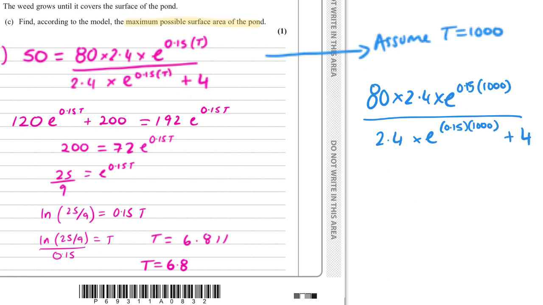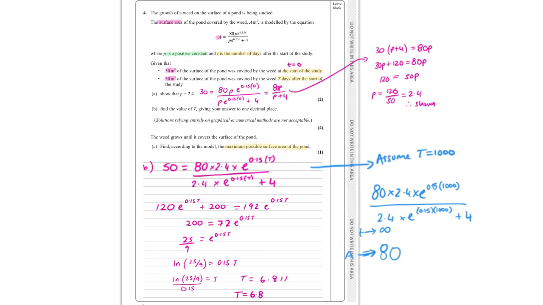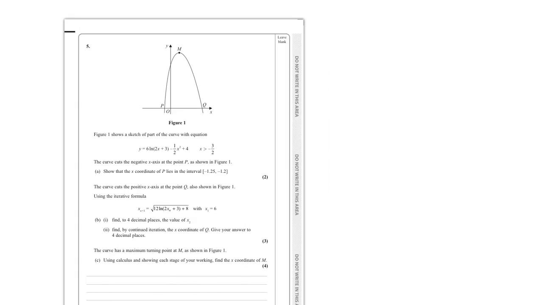Because what we're doing is we're assuming that time goes on to infinity, but instead of using infinity, I'm going to put this into my calculator, and it gave me 80. So we know as t tends to infinity, actually the area is going to tend to 80, so the maximum possible value is 80.